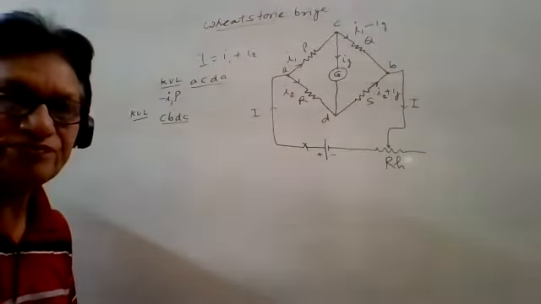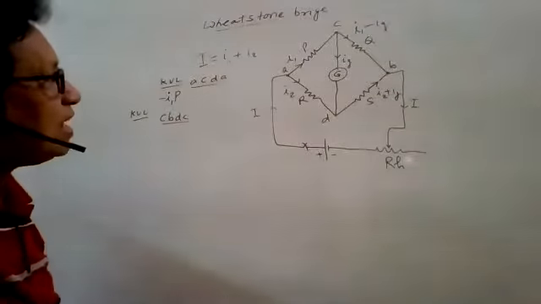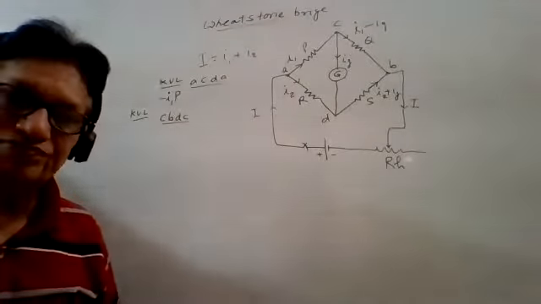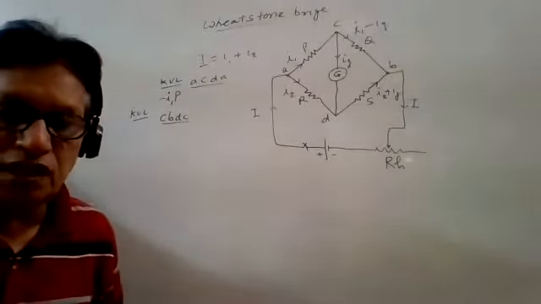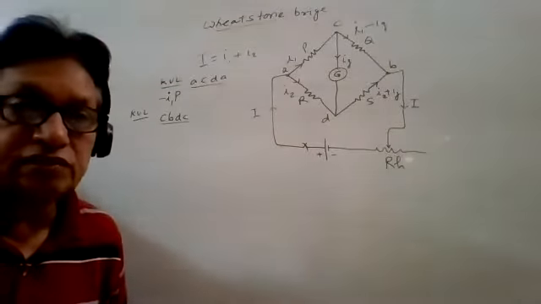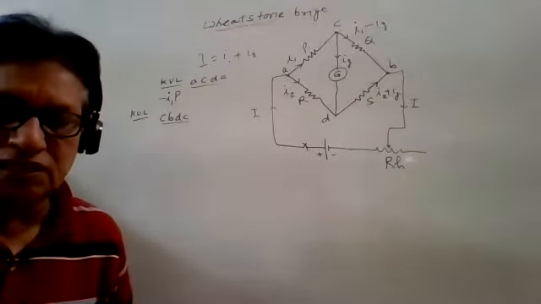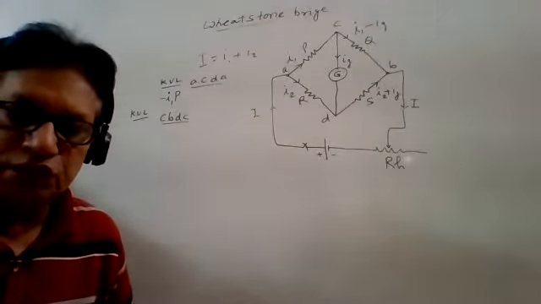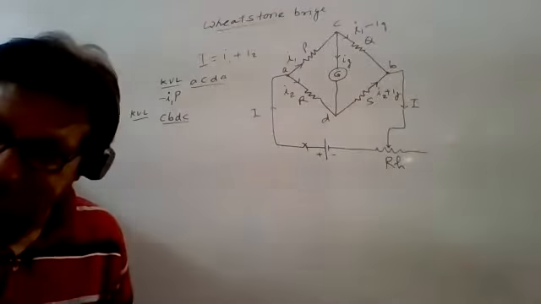Now C to D. It is Ig into G. What is capital G? It is the galvanometer resistance. But suppose we vary either 1 or 2 or 3 or all the 4 resistances, a very special case comes. In this case, the current passing through the galvanometer is 0.